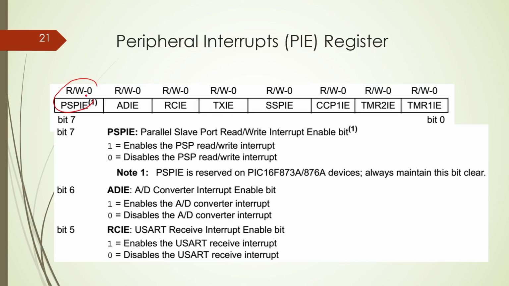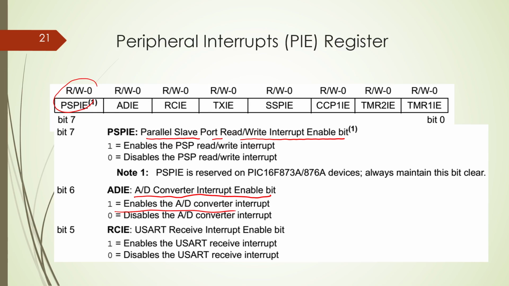Here we have PSPIE, the parallel slave port read write interrupt enable bit, and then you have ADIE, the A to D converter interrupt enable bit. Okay, you have just done lab 5, which is the analog to digital converter. So when the analog reading completes, it will produce an interrupt like this. It will trigger the interrupt process.